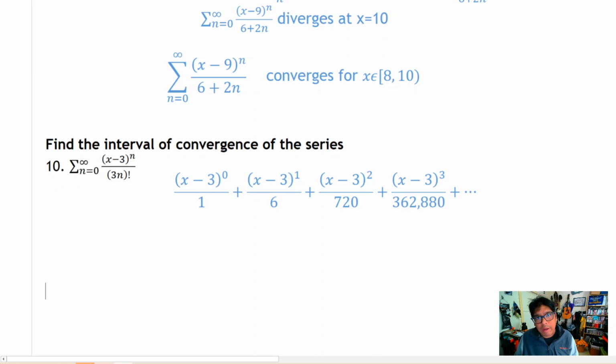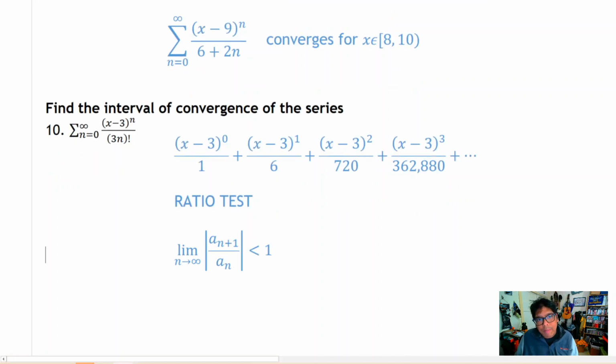Well, now that you have a series that's not geometric, you know that the first tool that you're going to take out is going to be the ratio test. And with a power series, we're going to set our ratio less than 1. Of course, I like to multiply by the reciprocal of the general term.